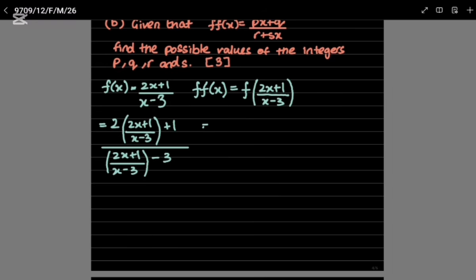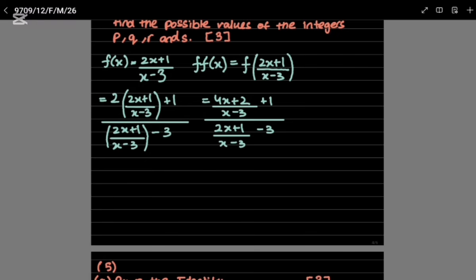Alright, now let's simplify this. 4x plus 2 over x minus 3 plus 1 over, that's just that, 2x plus 1 over x minus 3 minus 3.